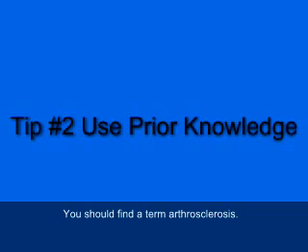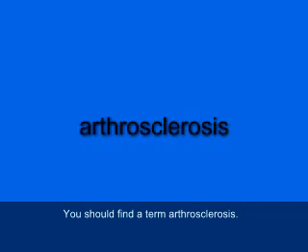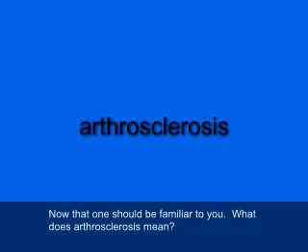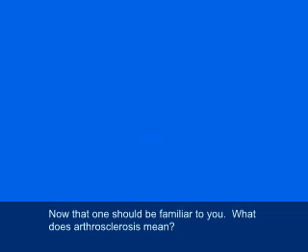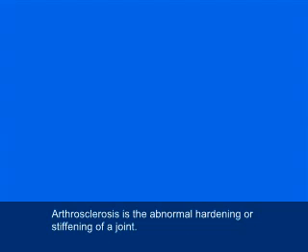For example, look over on page 72 of your textbook. You should find a term, arthrosclerosis. Now that one should be familiar to you. What does arthrosclerosis mean? Well, arthrosclerosis is the abnormal hardening or stiffening of a joint.